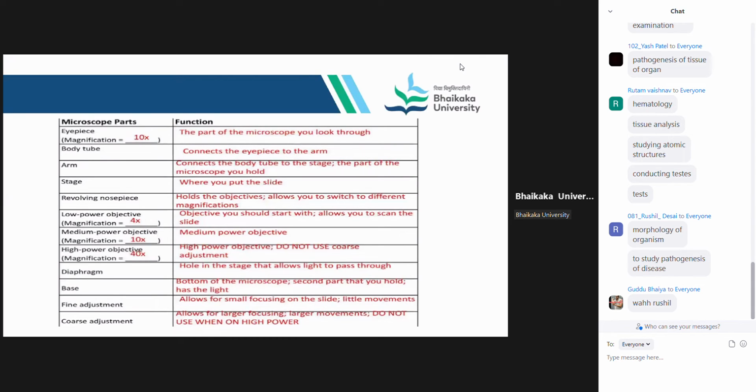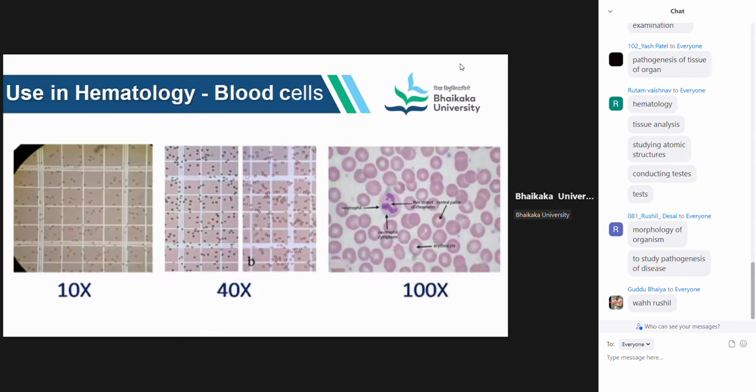Now, next, you see here the light or compound microscope; we have already seen the uses in the video. The first is the use in the hematology lab, where you study the cells. Here you are studying the WBC cells.